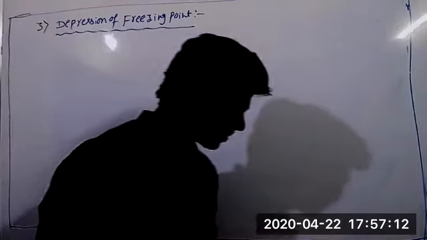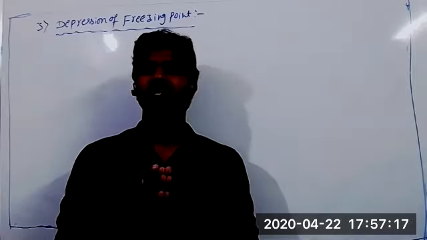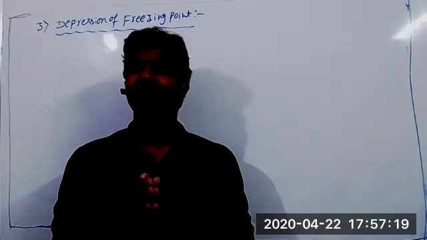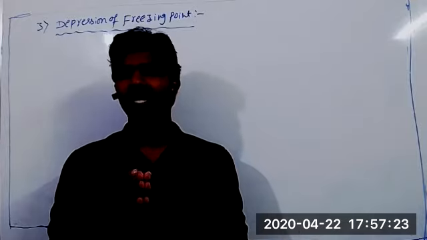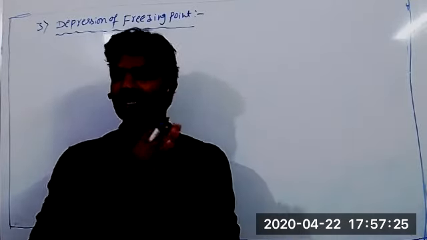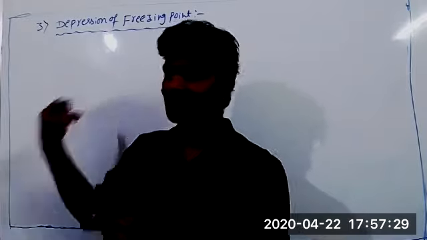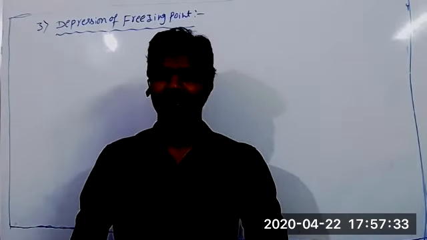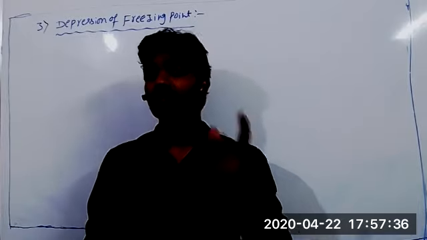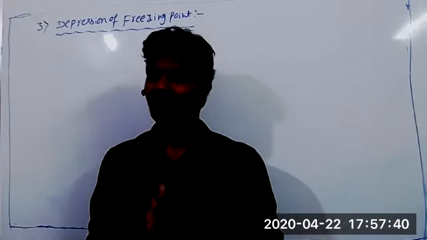Okay, listen here. In the previous concept, we know what a boiling point is: the temperature at which the vapor pressure of a liquid becomes equal to the atmospheric pressure. Here, the freezing point definition is the temperature at which the vapor pressure of a substance in liquid phase becomes equal to the vapor pressure of the substance in solid phase.